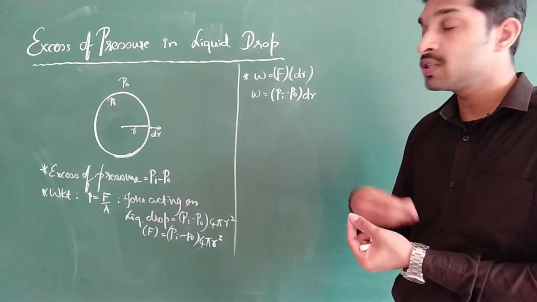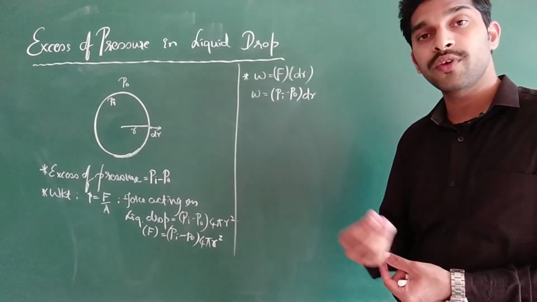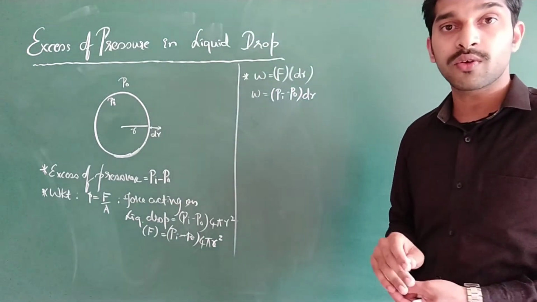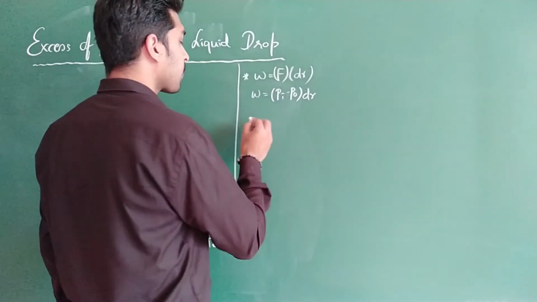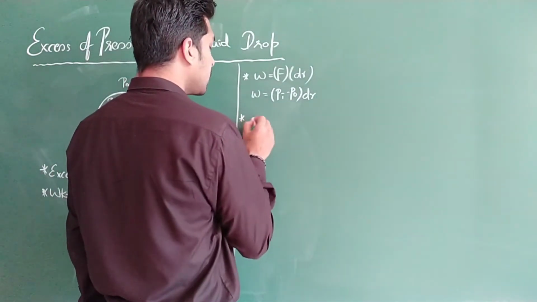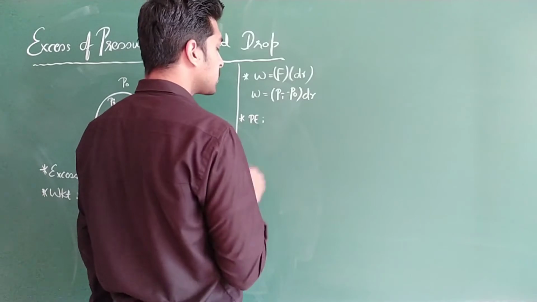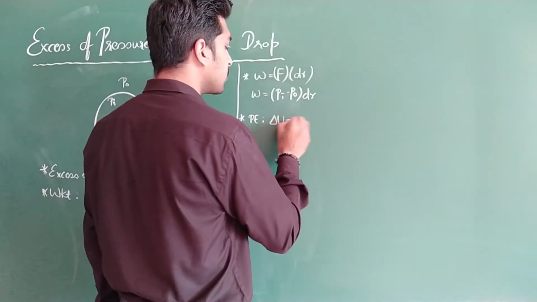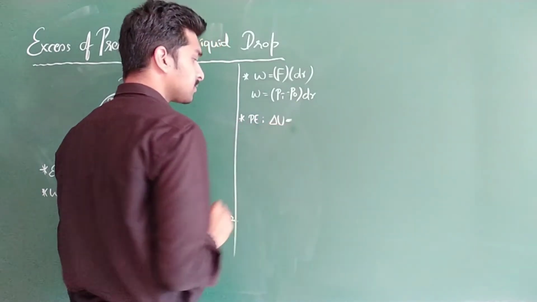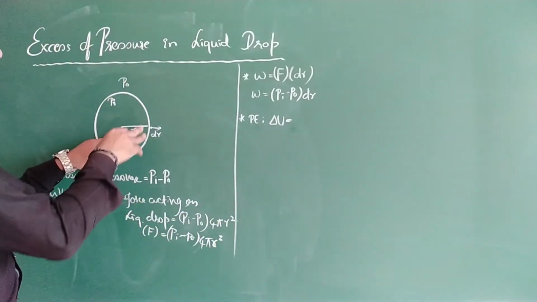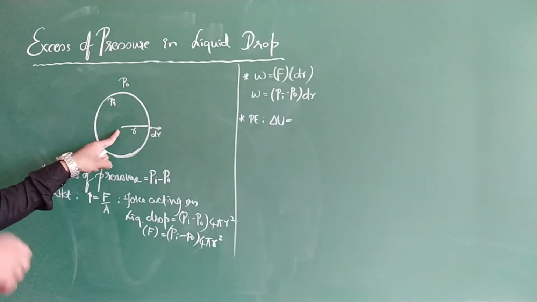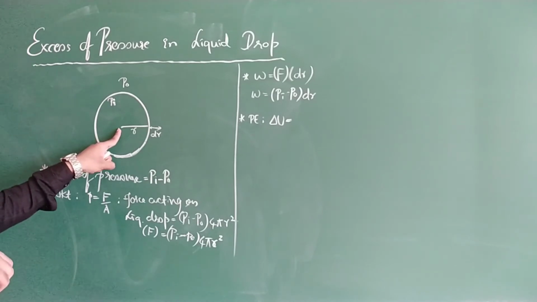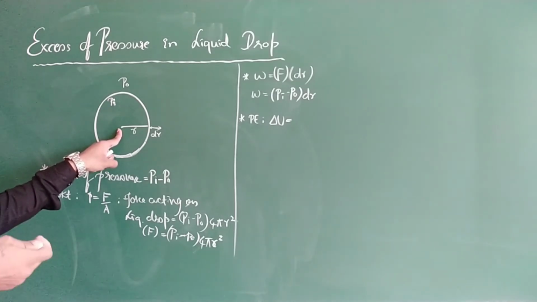So the potential energy which is stored in that liquid drop, that we are going to calculate. Clear? So excess of potential energy delta U is equal to the surface tension value and the increase in surface area.